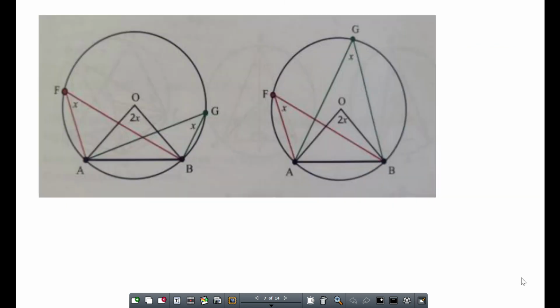Goed. Hierdie stelling. Wil ek nou gou vir jou, daar kan jy nou mooi sien. 2x is my middelpunt en my omtrekshoek x. Or if I look at the other side, midpoint angle is 2 times my circumference angle of x.